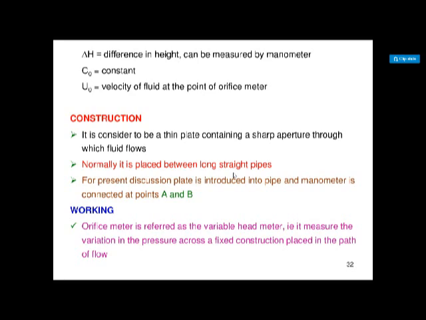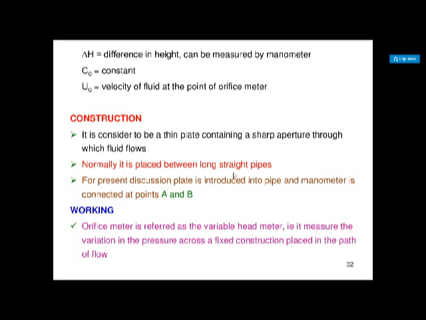As there is a difference in height, the pressure head changes, and depending on the difference in height, the difference in pressure can be measured by using the manometer.